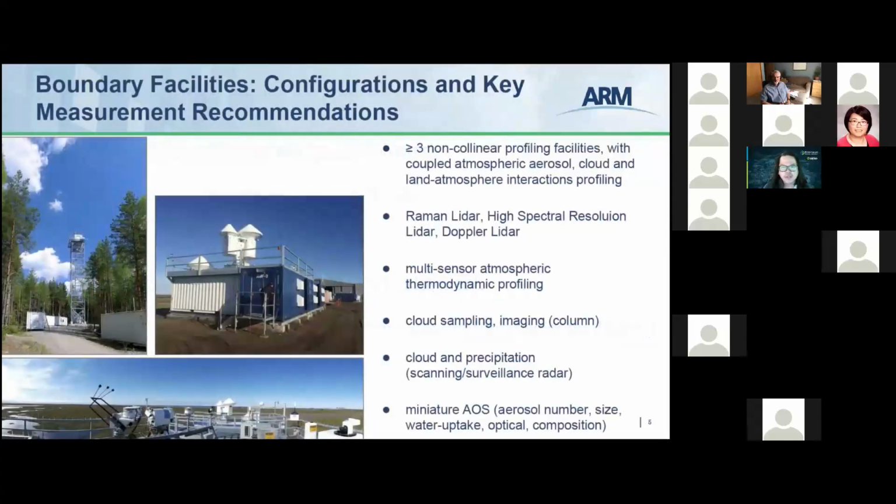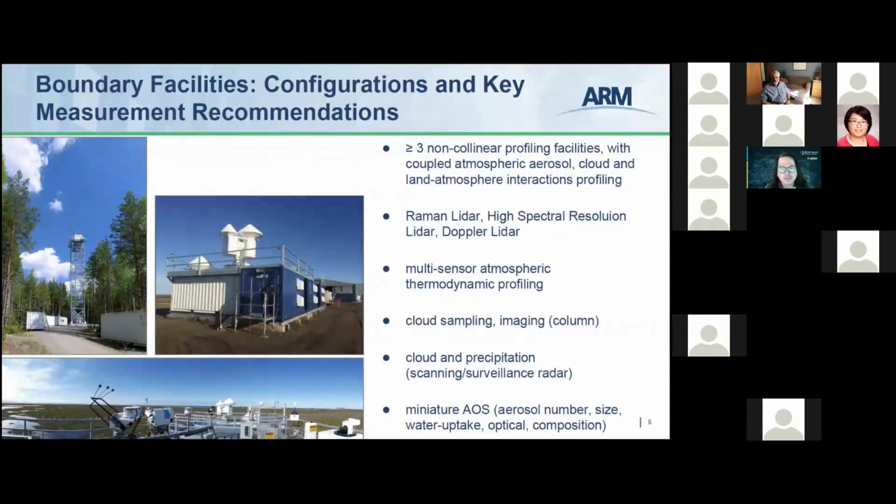It was great to hear the earlier presentations, especially from Rob regarding the Raman and Doppler LiDARs, because it supports the recommendations our team has been making to ARM about configurations and measurement recommendations for these boundary facilities around the main one. We recommended at least 3 non-collinear profiling facilities, right?